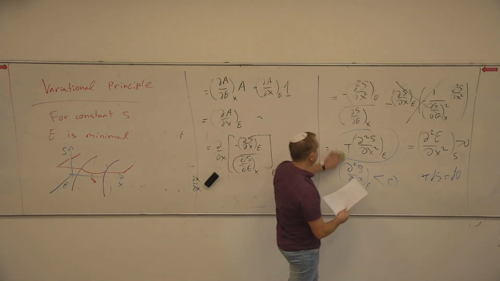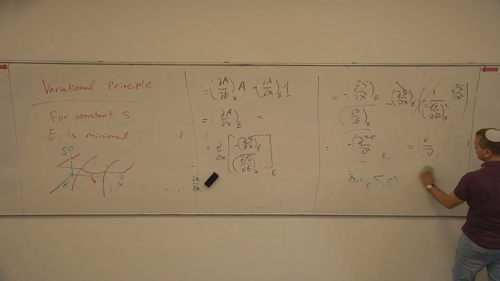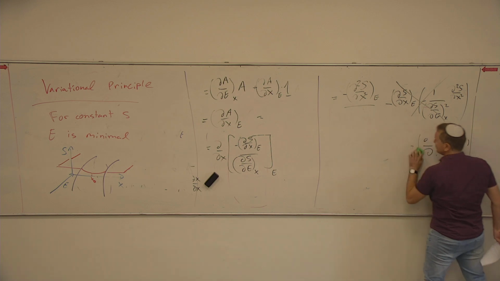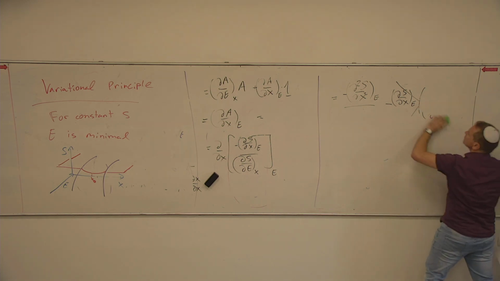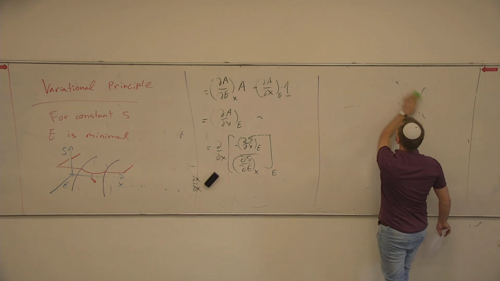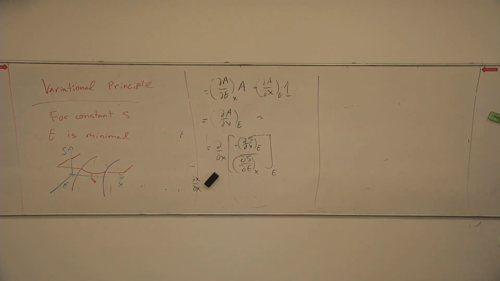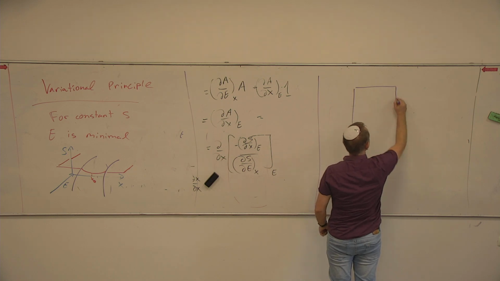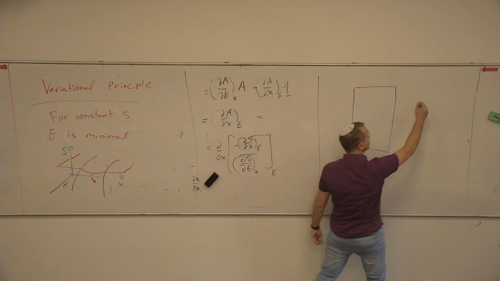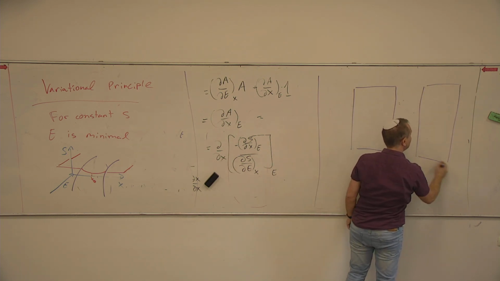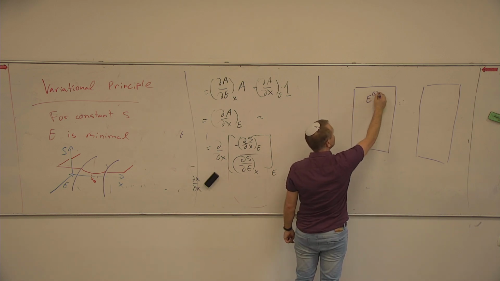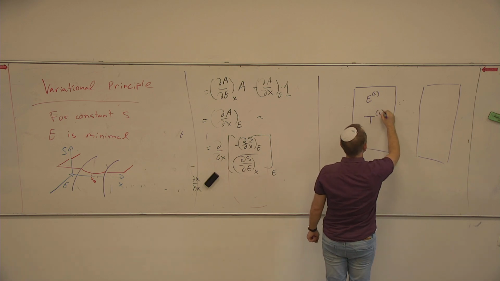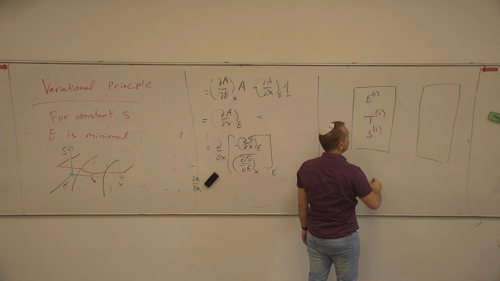So let's see how we use those variational principles in a very trivial way to understand what happens to the system. Two simple examples. First of all, let's assume that I have two systems. The energy of this system is E1, the temperature is T1, the entropy is S1.